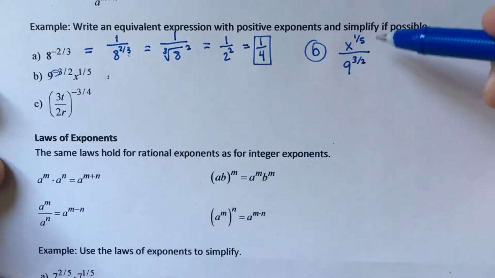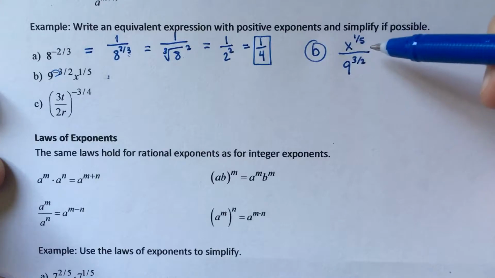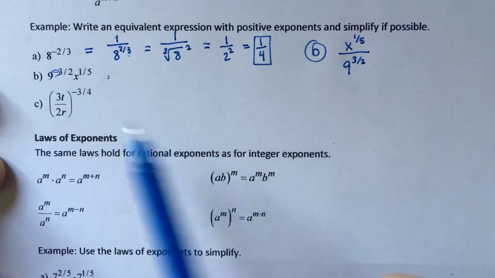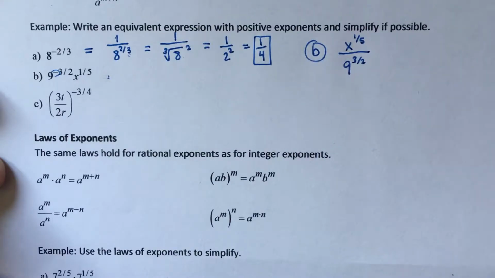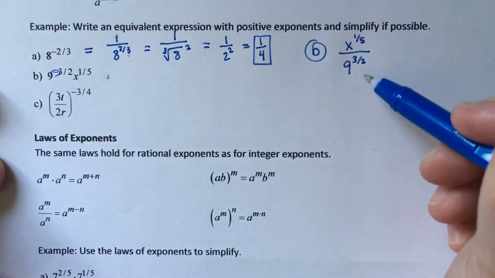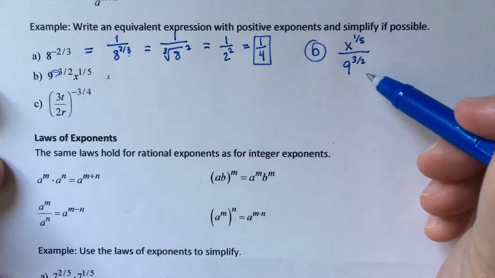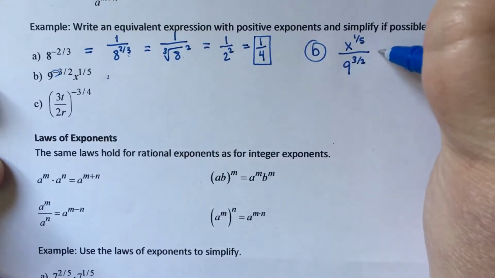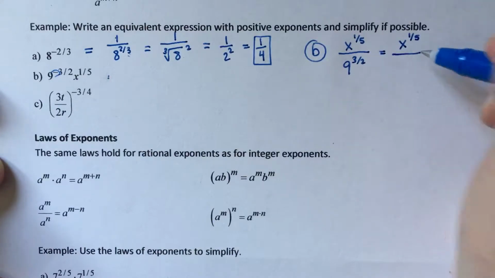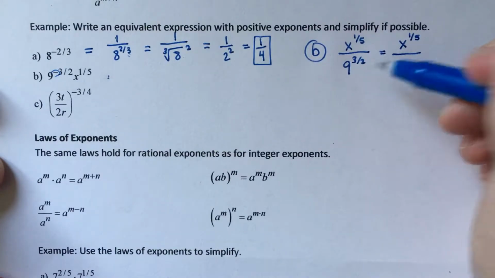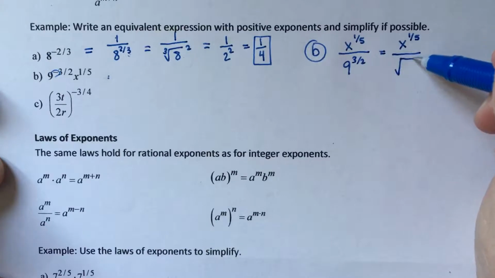X to the 1/5 is, well, it's just a 5th root, and we can leave it as that. The directions didn't say write it as a radical, so I'm okay leaving it as the 1/5. But it did say simplify, and 9 to the 3/2 can be simplified. So let's keep going with this. I'm going to leave the top as x to the 1/5, but the bottom, the divided by 2 in the exponent, is a square root.